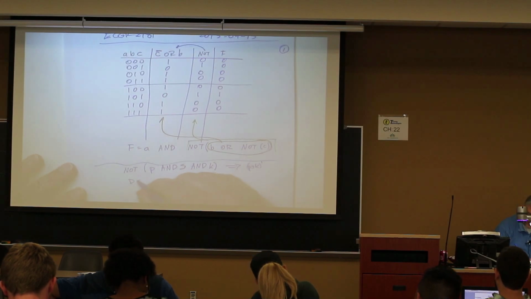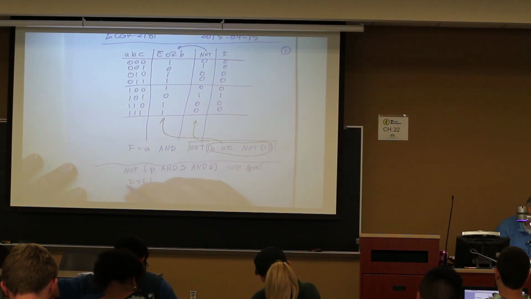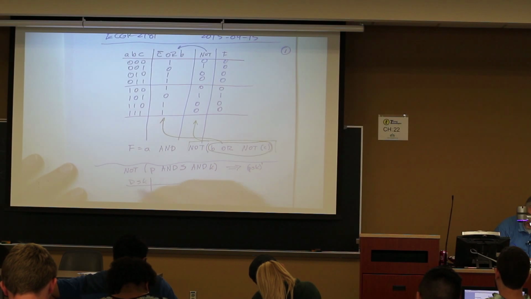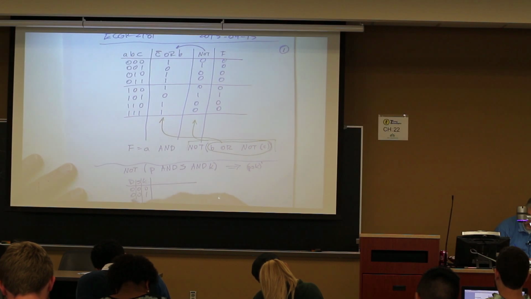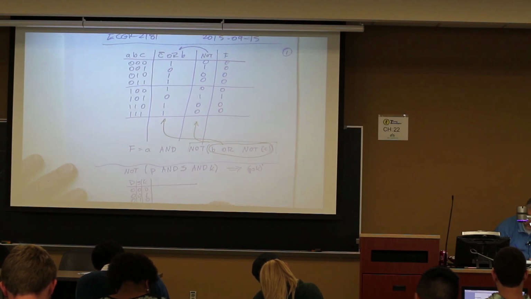So we have PSK: 000, 001. I should draw these separate lines. 010, 011, because otherwise that looks like an and.